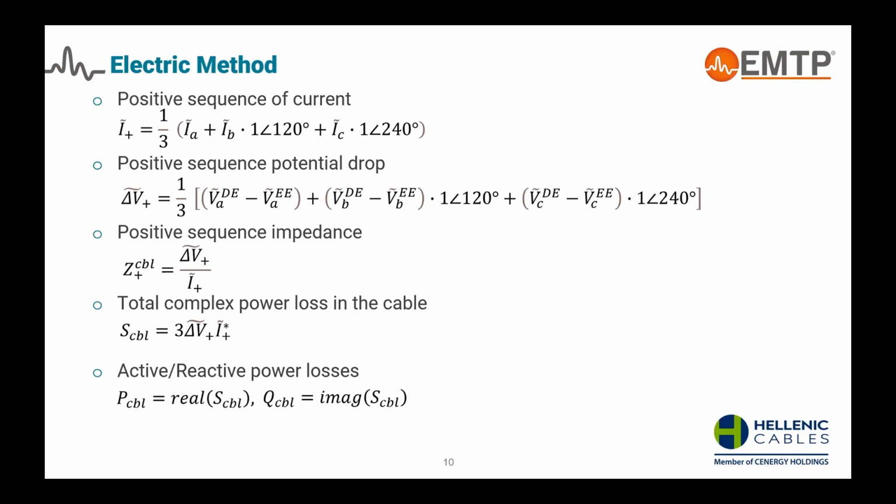And from these two values, we can derive the positive sequence impedance, which reflects the total losses in the cable and the total complex power in the cable. The real part of this total complex power represents the active power losses, and the imaginary part represents the reactive power losses.